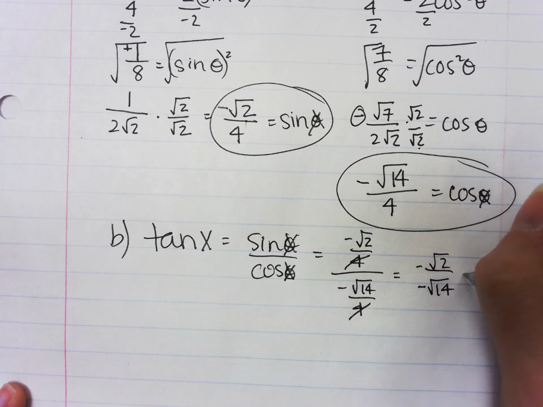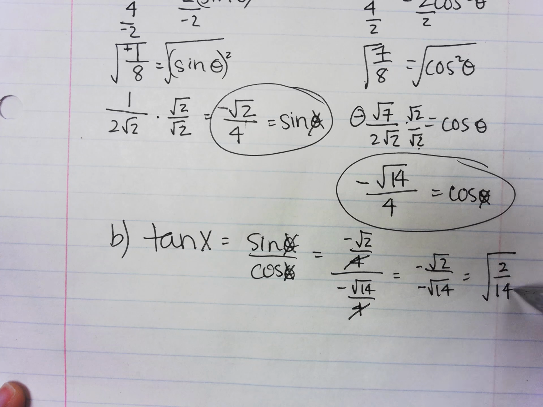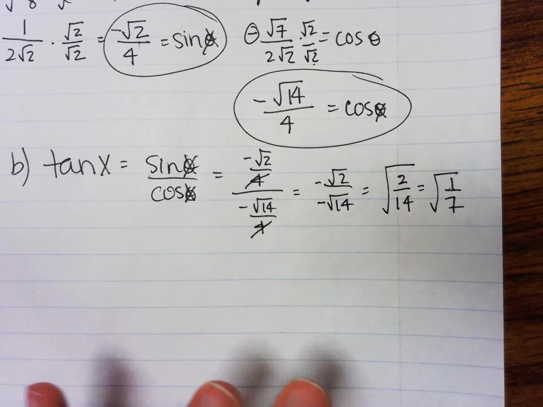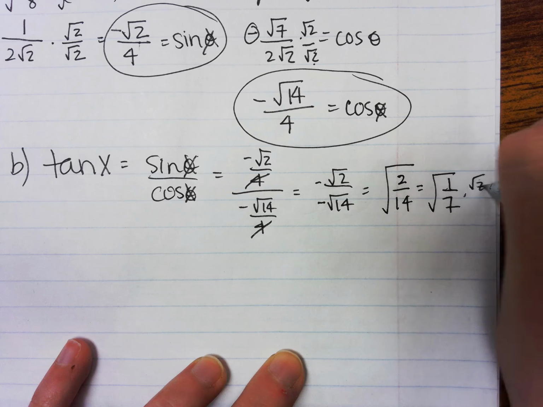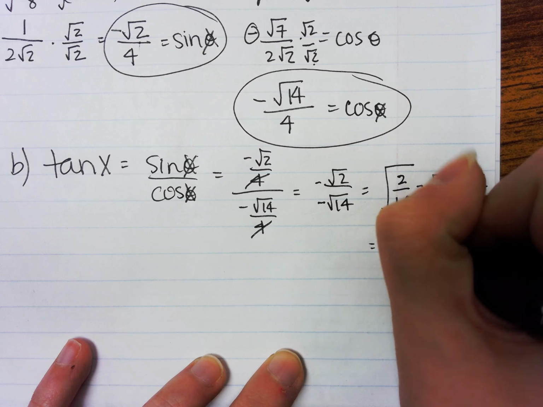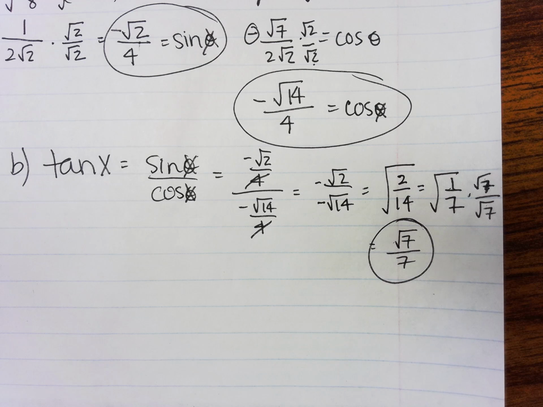Negative over negative turns into a positive, and this root we can actually simplify into 2 over 14, which is really root of 1/7. And when we rationalize this, if you didn't see that, that's okay. You could have gone about the other way, but you'd have more work for yourself. We should get our answer of root 7 over 7.